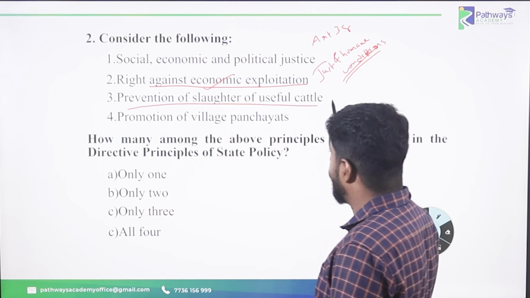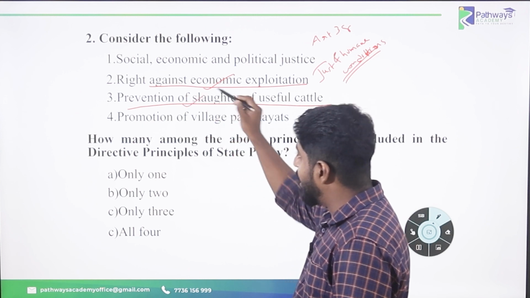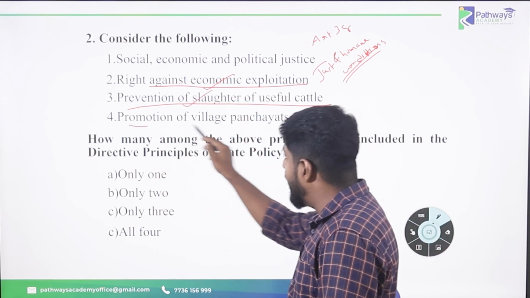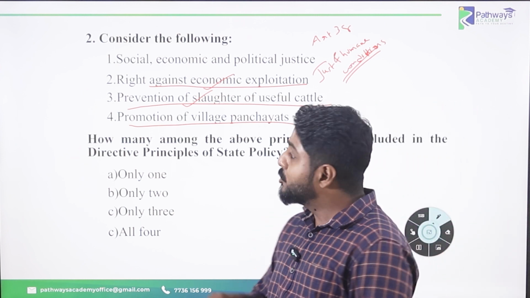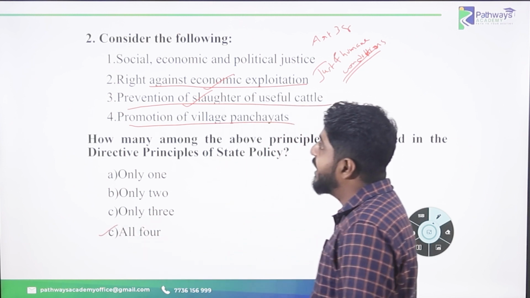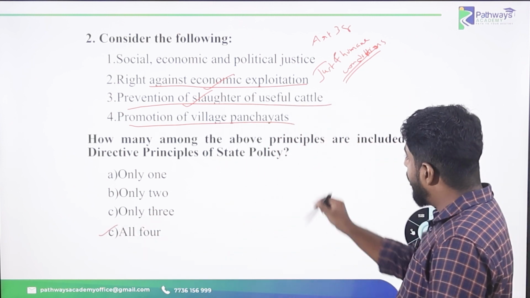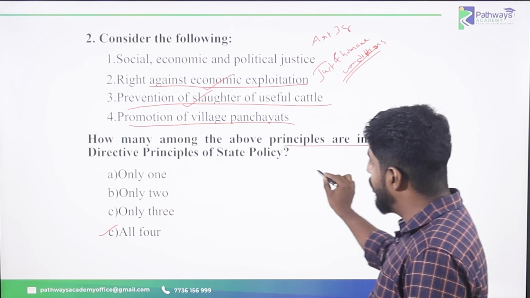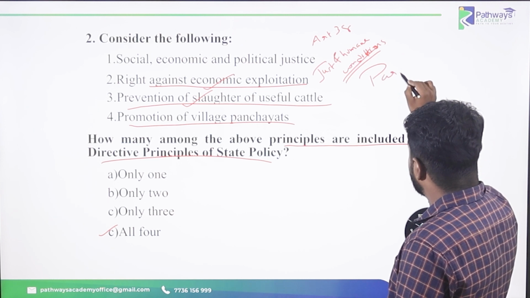Number 3 is prevention of slaughter of useful cattle. Again, that also comes under the category of DPSP. Promotion of village panchayat, article number 40, again comes under the category of DPSP. So in fact, all the four options come under the category of directive principle of state policy. All these principles are included in part 4 of the Indian Constitution.